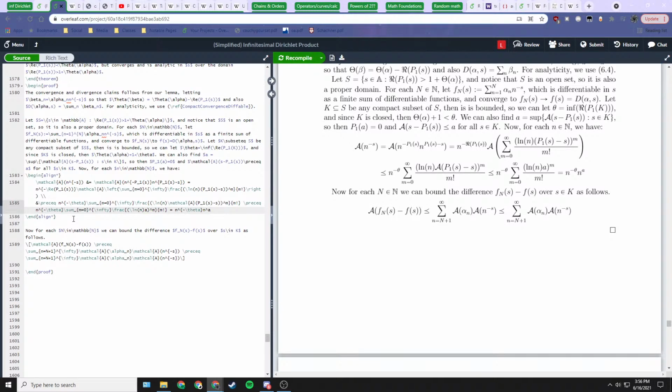Okay. Now for each n natural, we can bound the difference over s in K as follows. So we get the absolute value of f sub n minus f, bounded by the summation, bounded by, and then instead of n power minus s, we get n to the power of a minus theta.